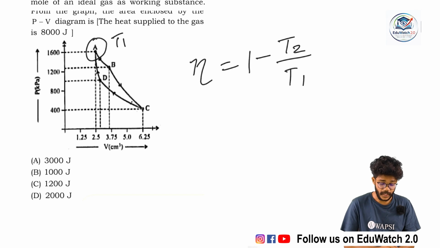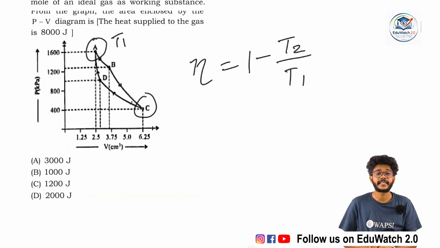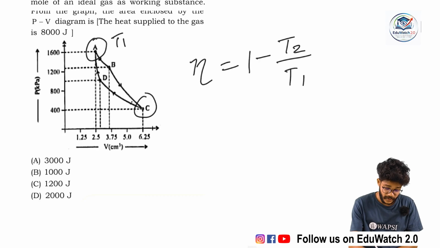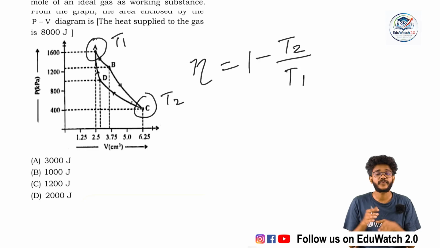What is T2? T2 is the temperature at C. Then from C to D, the volume is decreasing and the pressure is increasing, so we can define the temperature T2 at C. For what purpose did I derive T2 and T1? To connect with the efficiency eta. What is our need to find the efficiency eta?